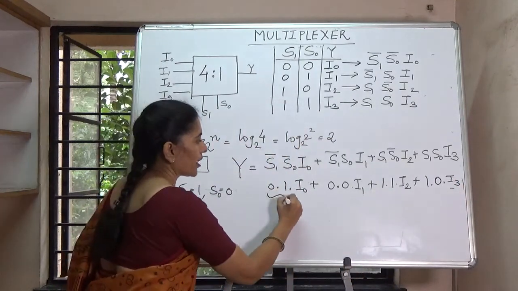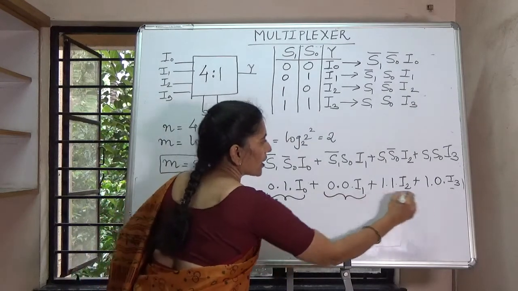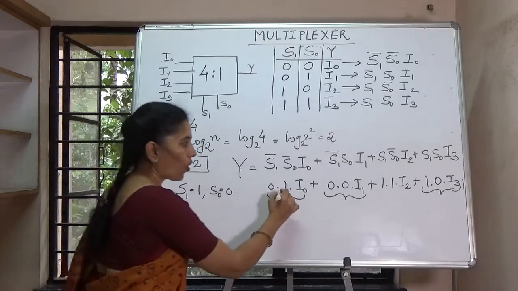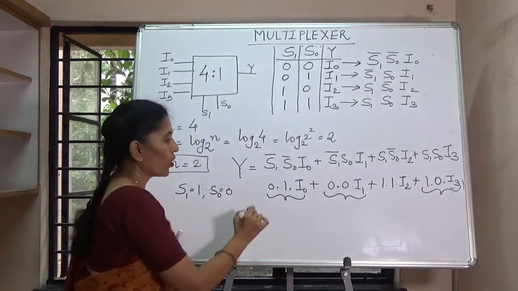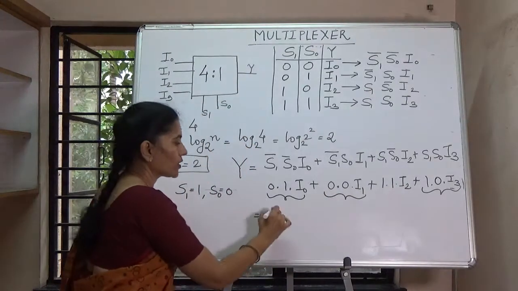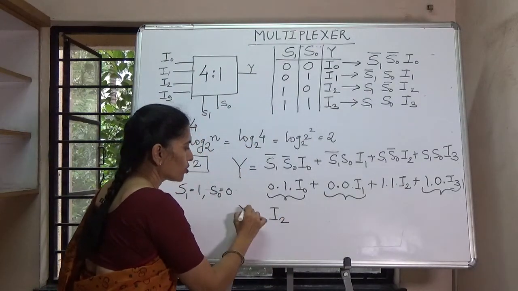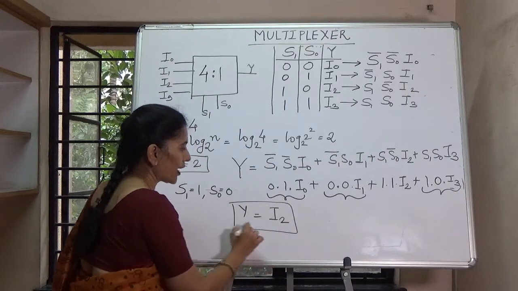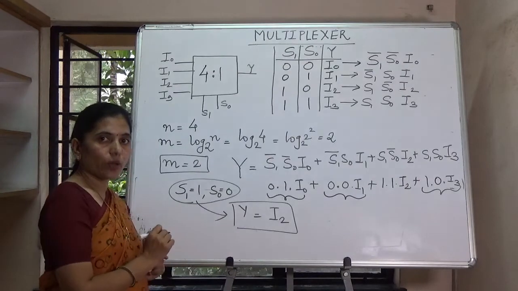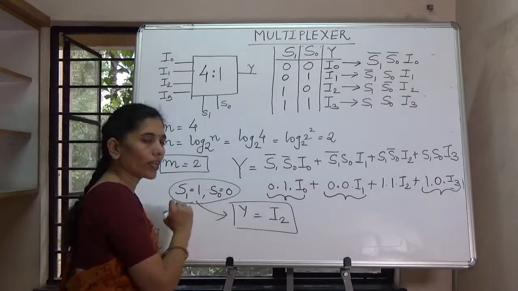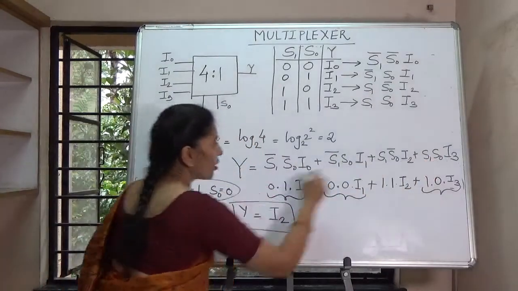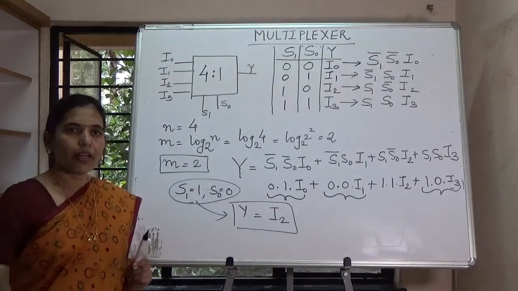So if you look at these three terms, there is at least one 0 in the product. So all these three will become a 0. What remains is only 1 dot 1 dot I2, which is equal to I2. So what we have got is Y is equal to I2, which is the line which should be selected by S1 equal to 1 and S0 equal to 0. So this is the equation for a 4:1 multiplexer.